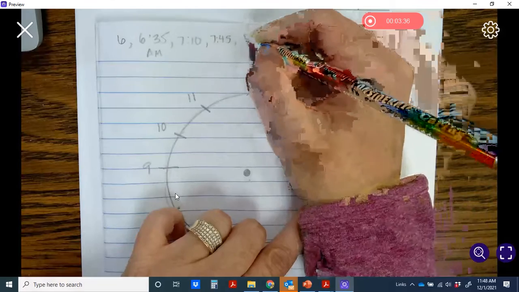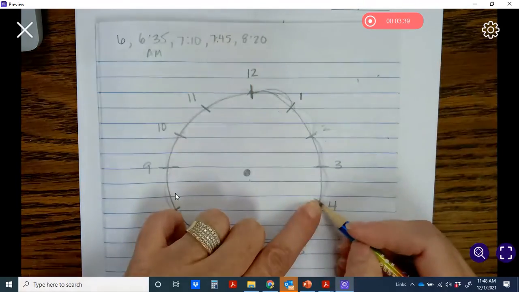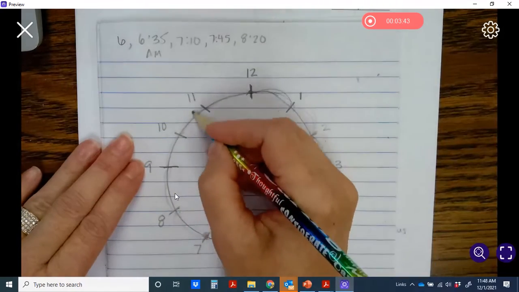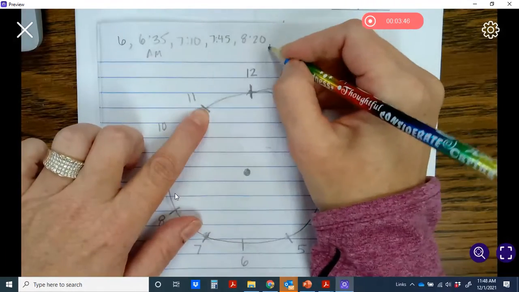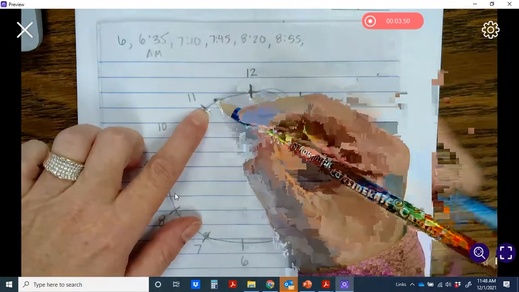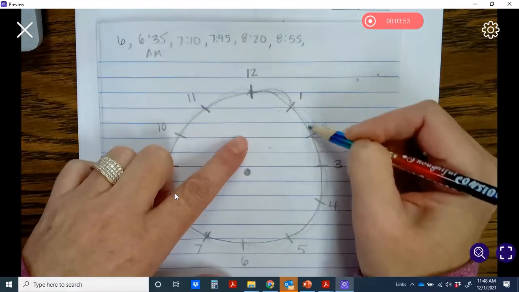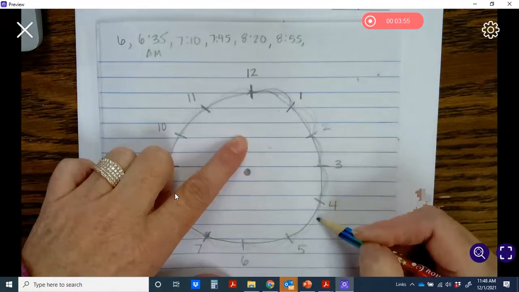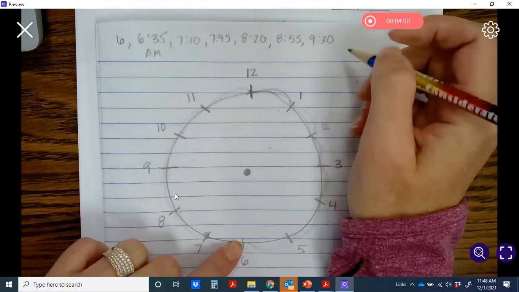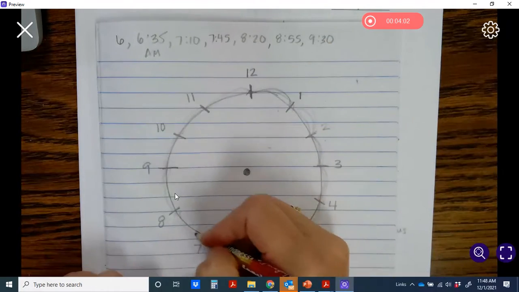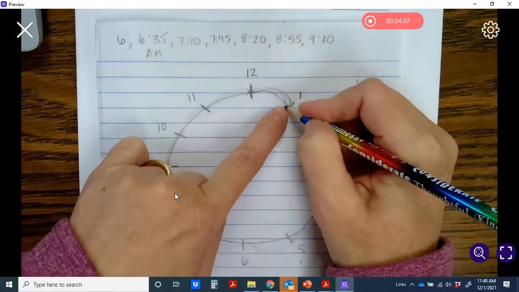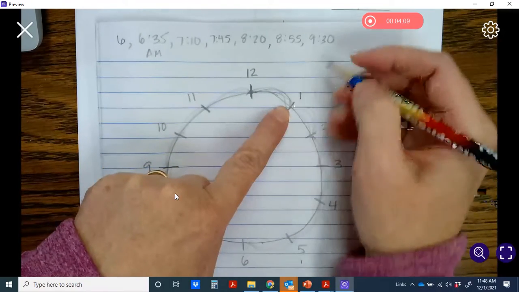So this is 8:20. Okay? 5, 10, 15, 20, 25, 30, 35. I'm at 8:55. Again 5 through 35. I'm at 9:30. Okay? 5 through 35. Okay? I'm at 10:05.